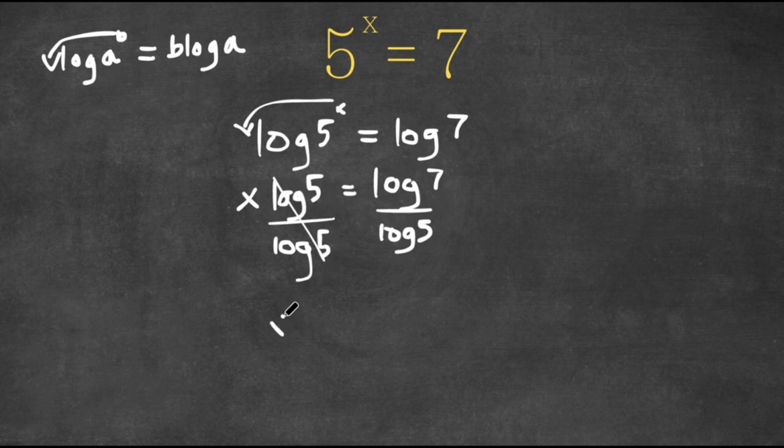So we would have x is equal to log 7, which is approximately 0.845, divided by log 5, which is approximately equal to 0.699.